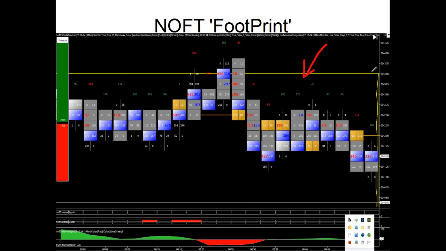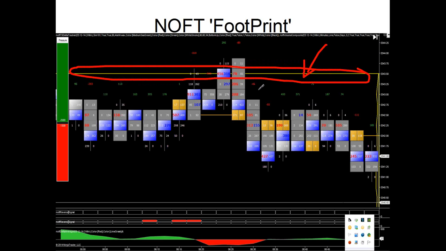Part of the NOFT is the volume composite, and it's actually drawn this yellow line here, which is a low volume area. And what happens when we come in there? We come in on some aggressive buying, and then aggressive sellers just take off.